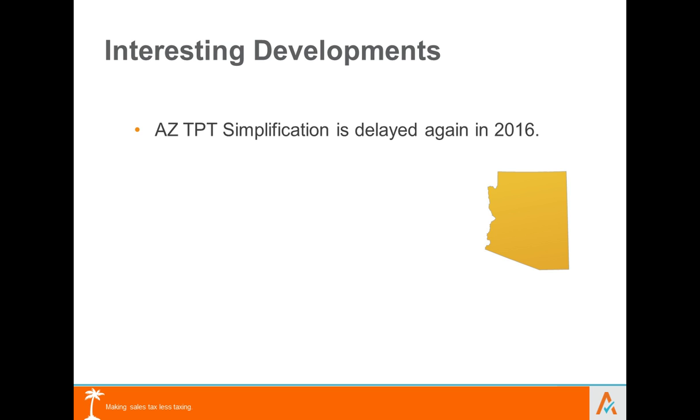Arizona has proposed TPT, which is transaction privilege tax in Arizona, a.k.a. sales tax. It's a gross receipts type model, but for all intents and purposes, it's a sales tax. It is their sales tax. Arizona has proposed, starting January 2015, to simplify things when it comes to Arizona's home rule cities.